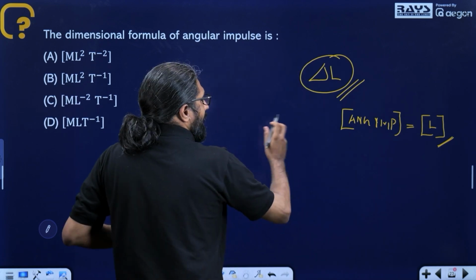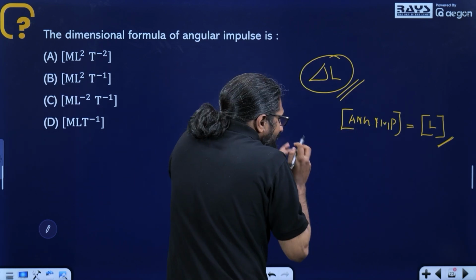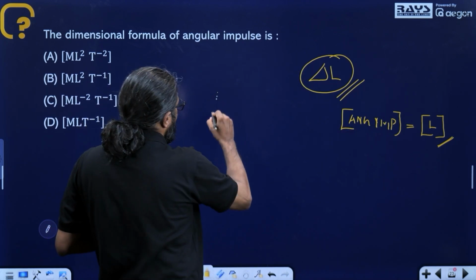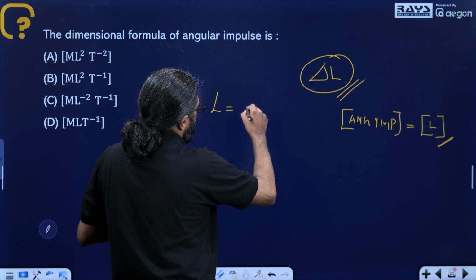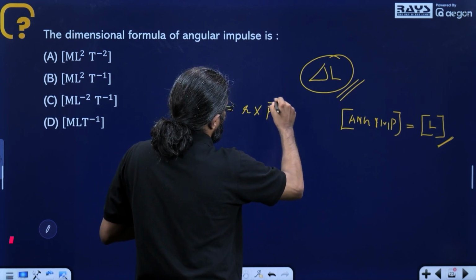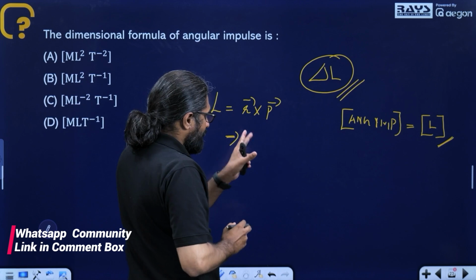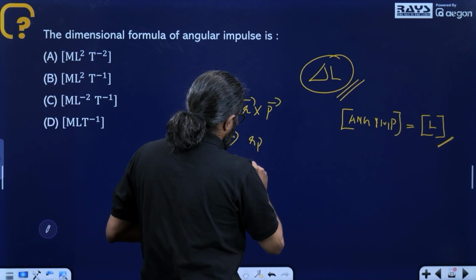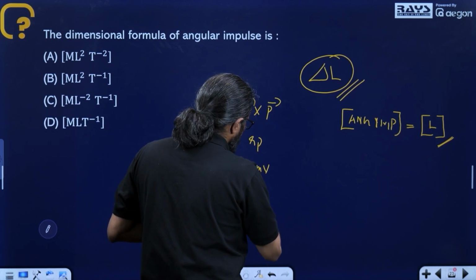Now, the dimension of angular momentum can be easily figured out understanding the fact that L has a formula which evaluates to R cross P, which would mathematically get to RP, or basically R into MV.